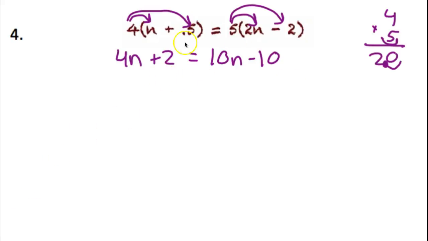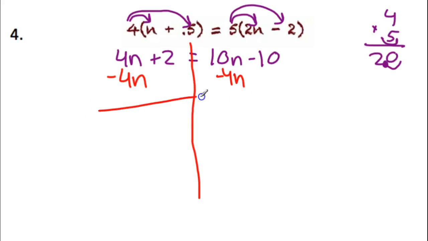Alright, so I can bring this 4n to the right side, or I can take the 10n to the left side. I like to keep my numbers positive, so before I do anything, I'm going to draw a line down here. I'm going to take this minus 4n and bring it to this side, minus 4n. Why am I going to do that? You'll see. So 4n minus 4n cancels.